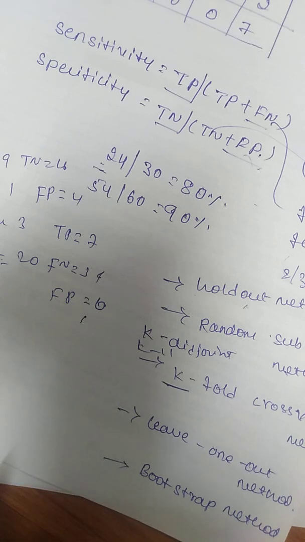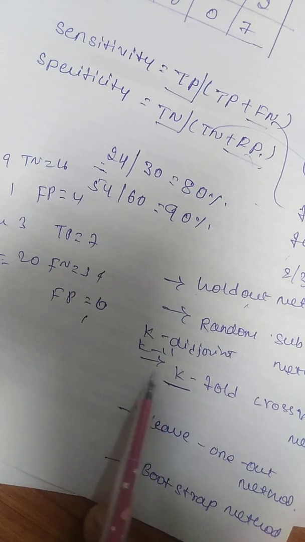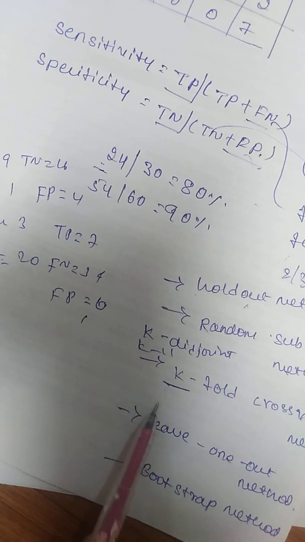What is the leave one out method? Leave one out means we leave one out. It is a simple version of k-fold, the same thing as k-fold. One of the training samples is taken, and the model is generated using the remaining training data.